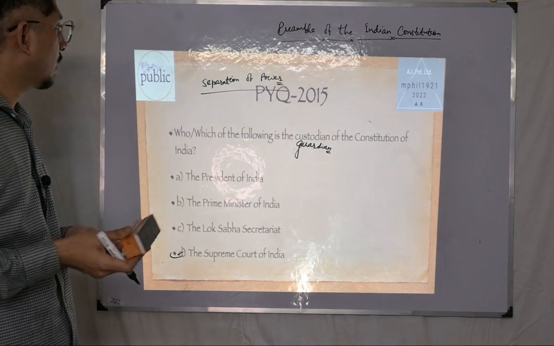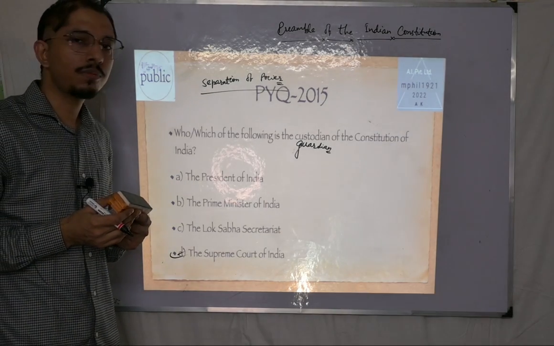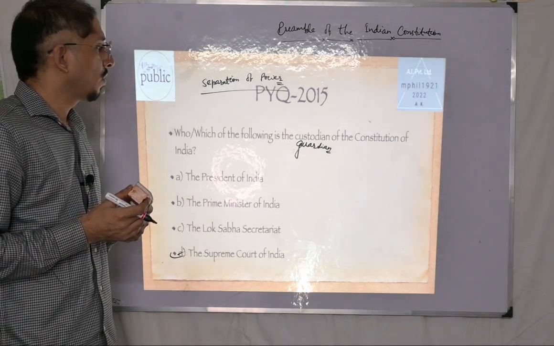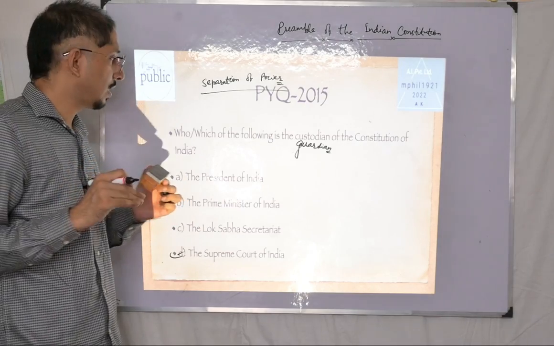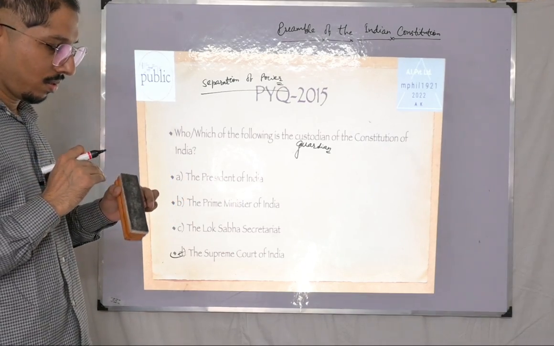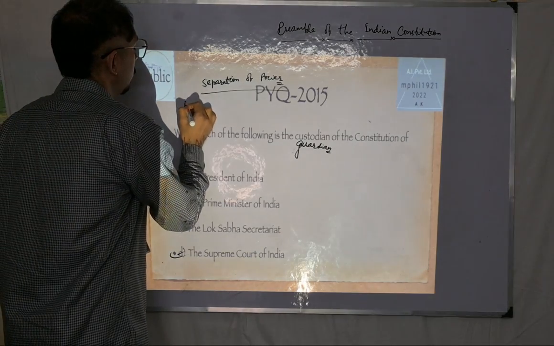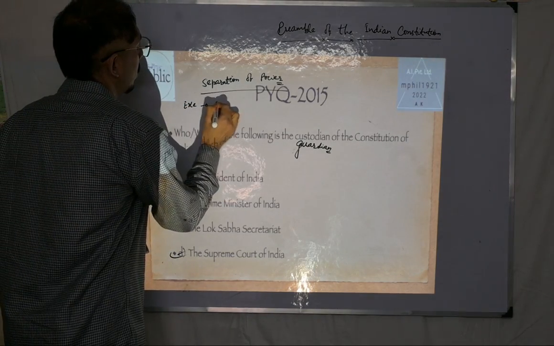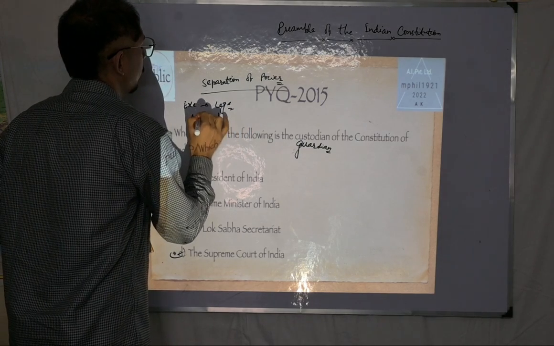The United States of America has a watertight separation of power. In India we have a flexible separation of power. In fact, the legislature and executive go upon each other's domain. Our executive emerges from the legislature, and the legislature also depends upon the executive.